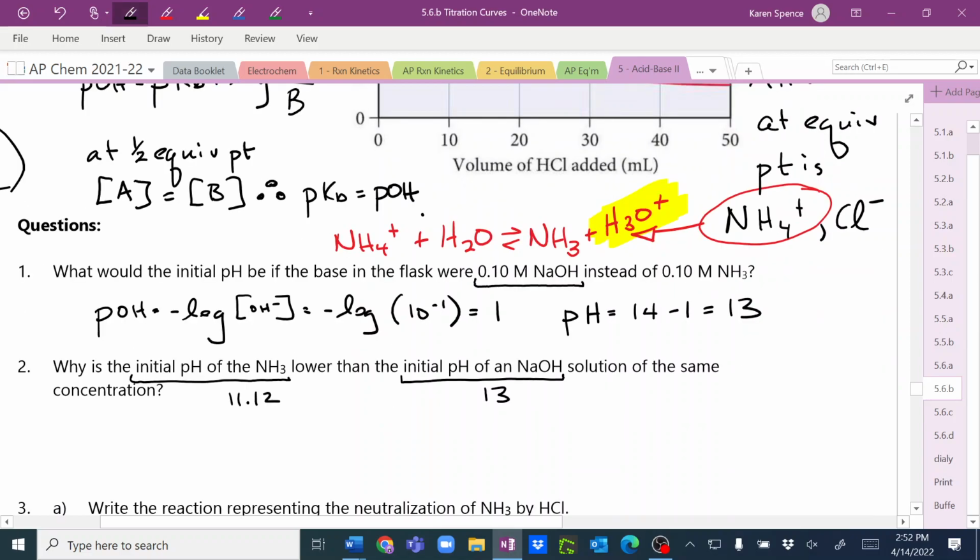Why is the initial pH of NH3 lower than the initial pH of the NaOH solution of the same concentration? This is not a rocket science question. It's pretty straightforward. This is not a strong base. It does not ionize completely.